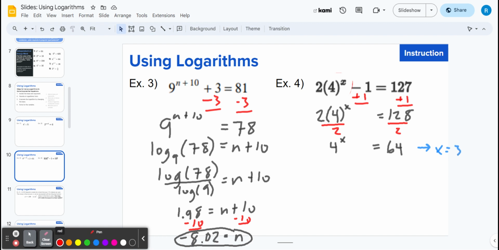Or if you wanted to, you could keep going and do log base 4 of 64 equals x, which is log of 64 divided by log of 4 equals x. And that just gives us our value of 3 as our answer once we plug that into our calculator.